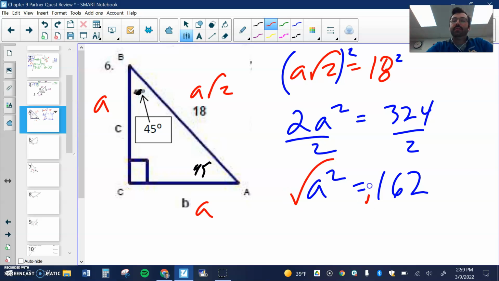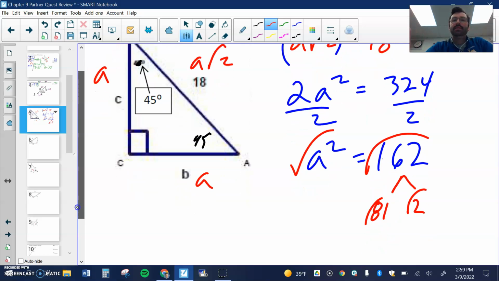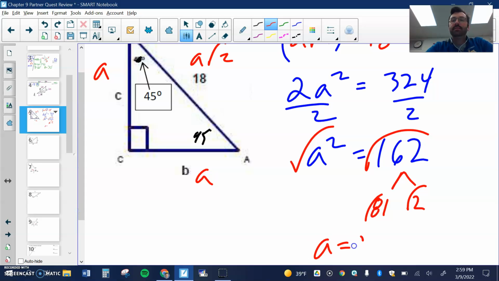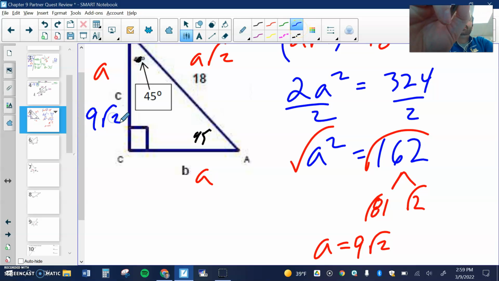Take the square root. There is no square root of 162, but I can break it down to 81 and 2. So that means this is 9 radical 2. So both B and C are 9 root 2.